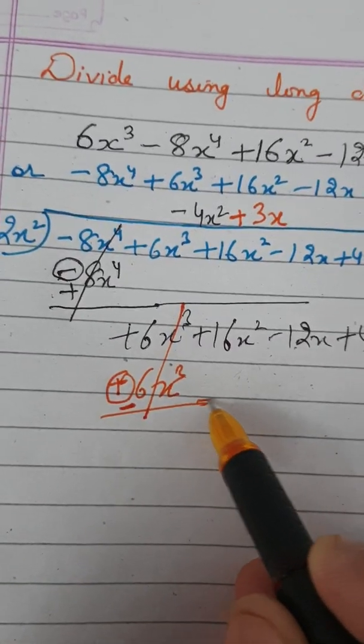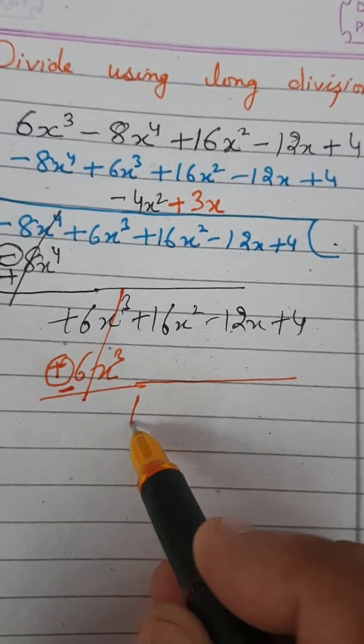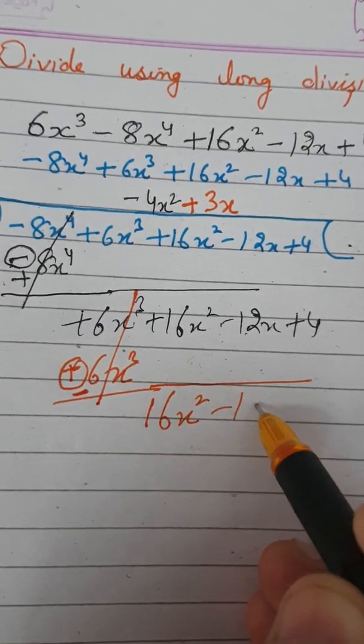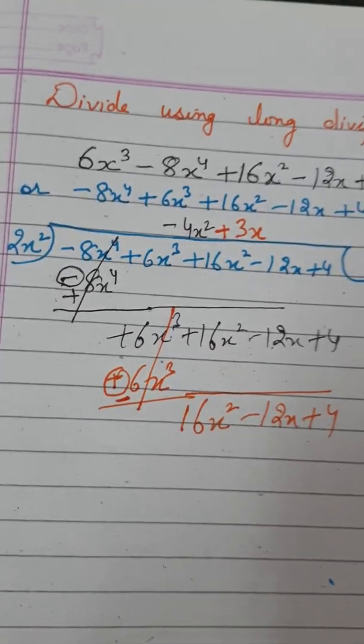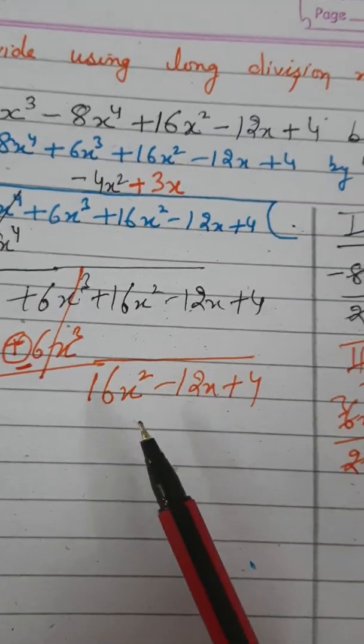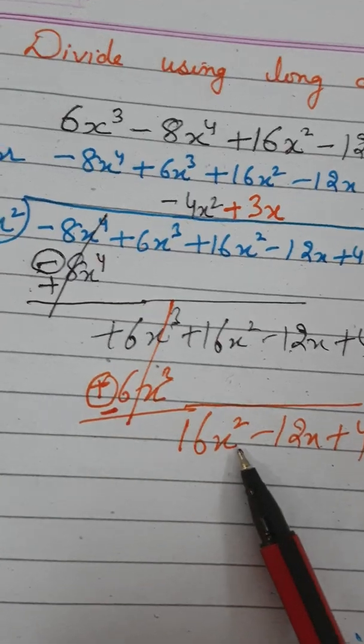Now we will write 16x square minus 12x plus 4. So we will repeat this step again. This time the dividend's first term is 16x square, to be divided by 2x square.